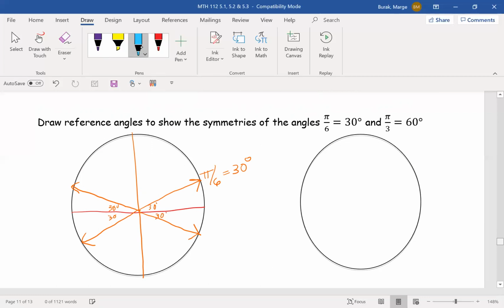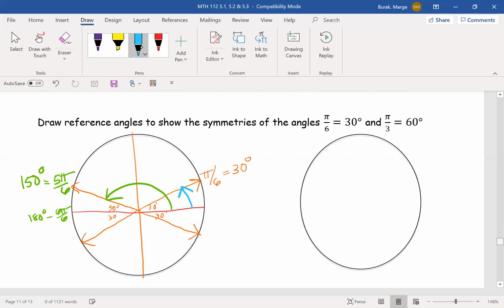Okay, so the first one is going to be pi over 6 or 30 degrees. The second one is going to be this one, and this is 6 pi over 6, so it's going to be 1 up. So that's going to be 5 pi over 6. And it's also 30 degrees up from 180. So if you subtract 30 degrees, that would be 150 degrees.